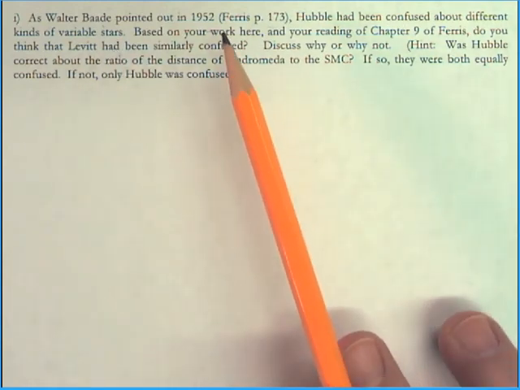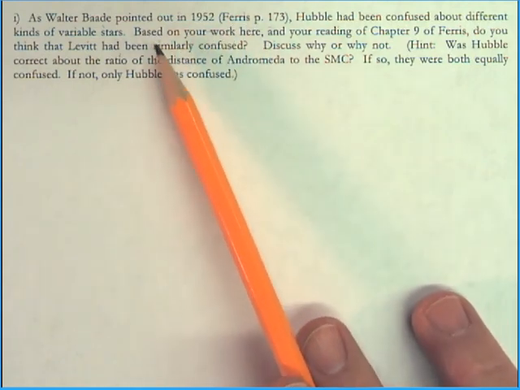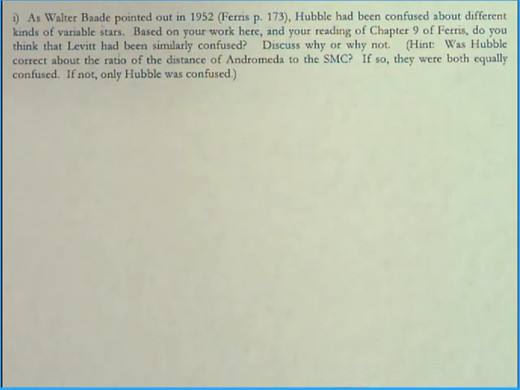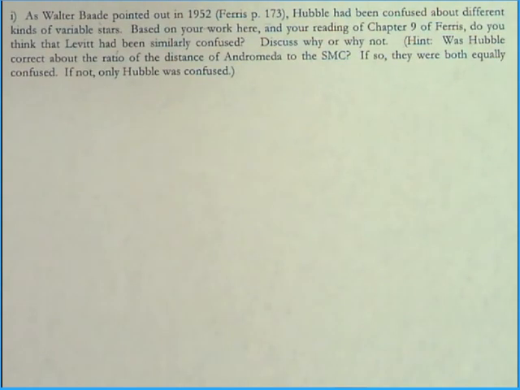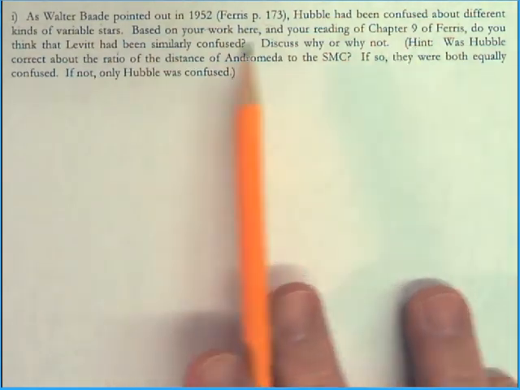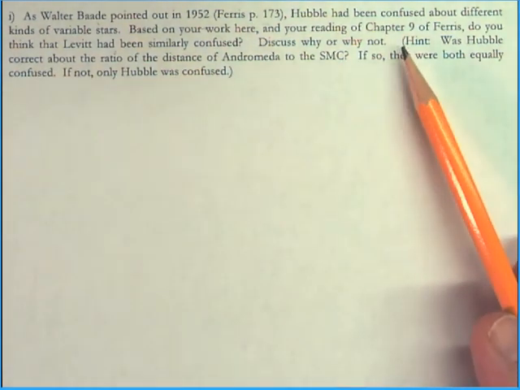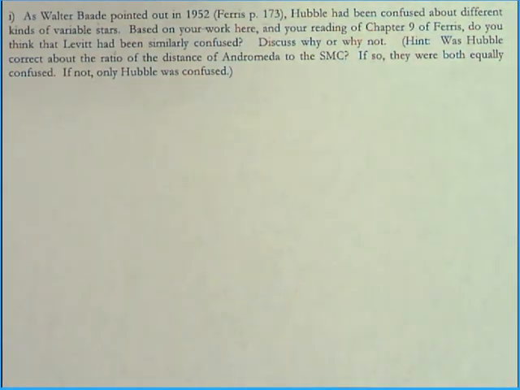So, everybody knows that Hubble was confused about different types of Cepheid variable stars. Nobody's really sure about whether Leavitt was or not. And so, based on your data here, and based on what you figured out, who was more wrong? Was it Leavitt or was it Hubble? And if so, could this explain it?